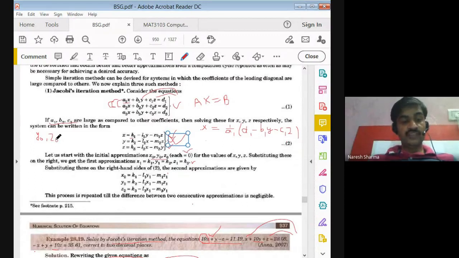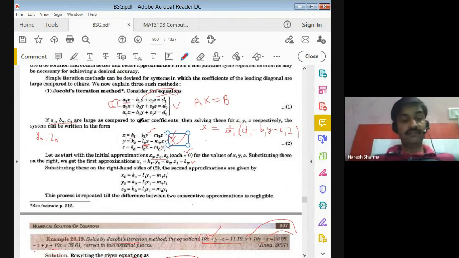So once you put here in the right hand side of x, you get your x1. Once you get your x1, you put that x1 in the right hand side of the first approximation of y.